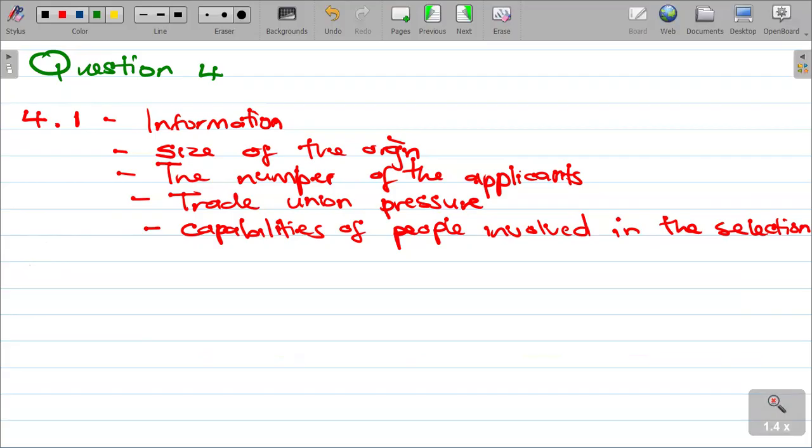We have one, what we call structured interview, whereby specific, direct and pre-planned questions are asked. And also it is based on job specification, right?